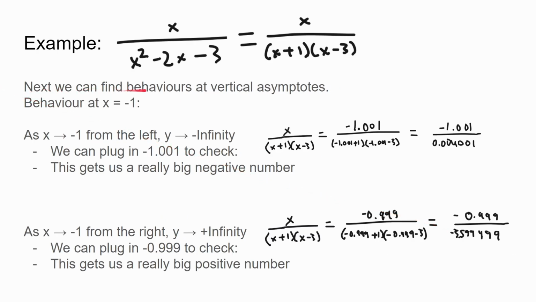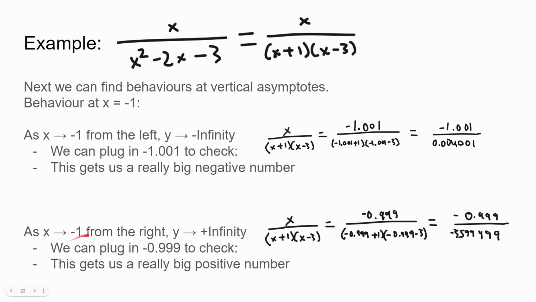And we can find the behaviors at the vertical asymptotes as well, starting with behavior at x equals -1. So as x approaches -1 from the left, y approaches -infinity. We can plug in -1.001 to check because it's directly to the left of -1. And this gets us a really big number, which means y is approaching infinity, but it's also negative, which means y is approaching -infinity.